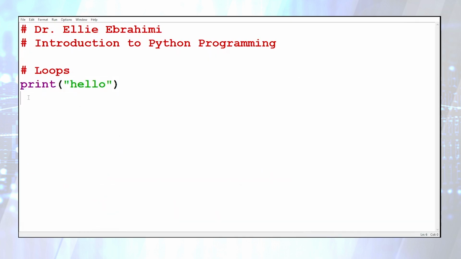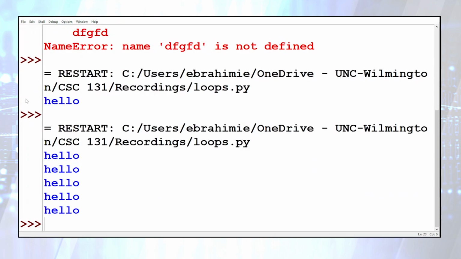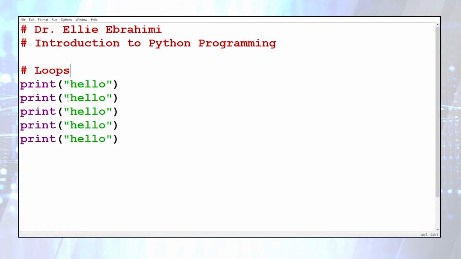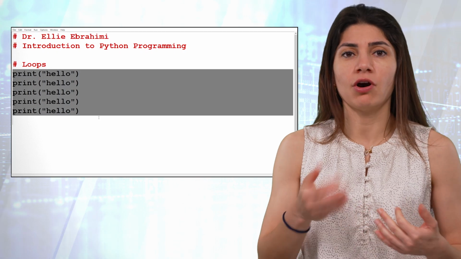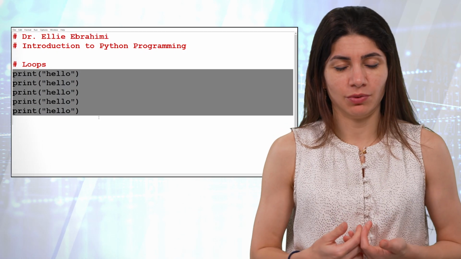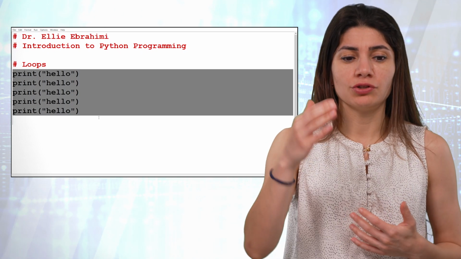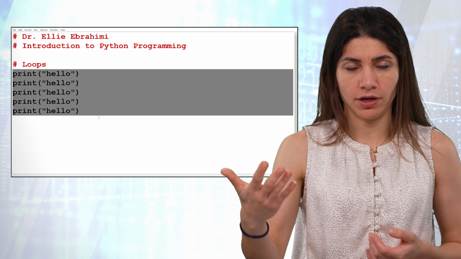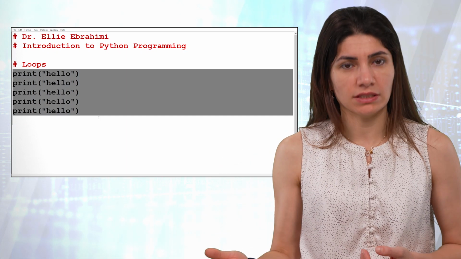Now if I want to print hello, let's say 5 times, then I need to copy and paste that 5 times. And now if I ask you to print it 500 times, are you going to copy and paste it 500 times? That is just time consuming, and there should be a better or easier way to print that many times that we want, whether it's 5 times or 500 times or 5 million times.